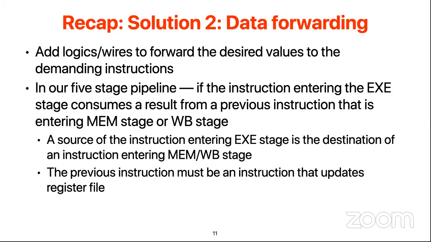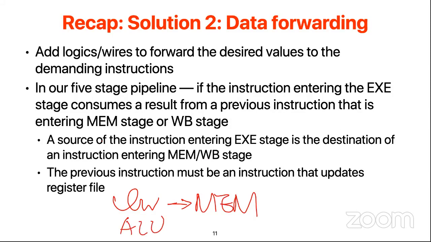As long as the value is generated in the pipeline, we can use it. But when can we generate a value? For memory instructions, like the load instruction, it's ready after its memory stage. For an ALU instruction, it is ready after its execution stage.